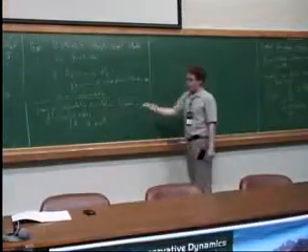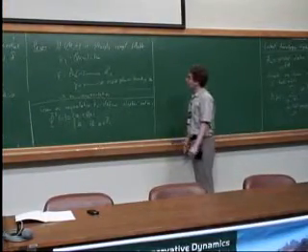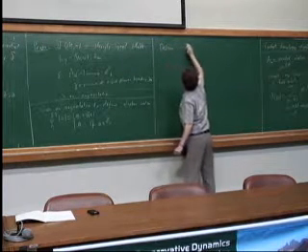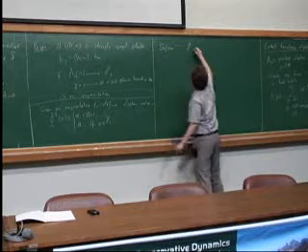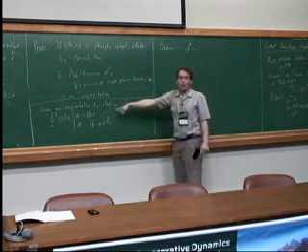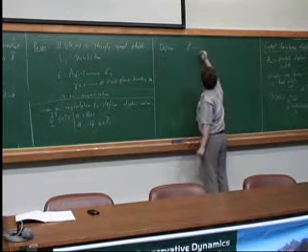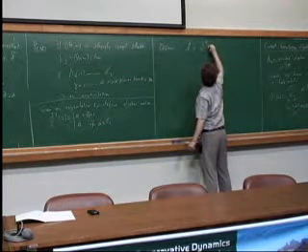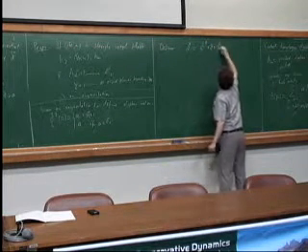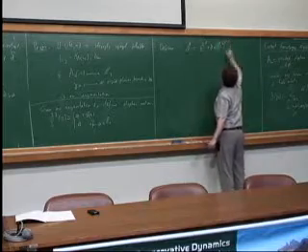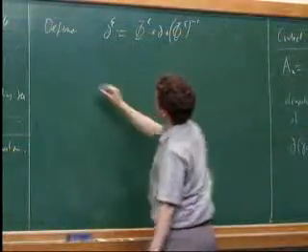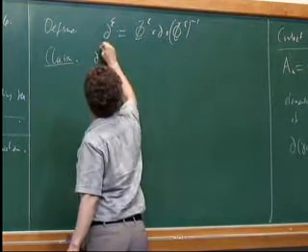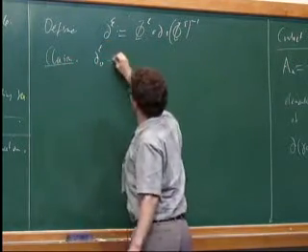Now with this algebra automorphism, which will be our coordinate transformation, we define the transformed differential as follows. And I claim that epsilon 0 is 0.